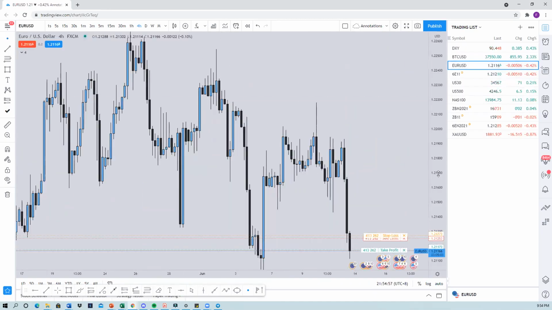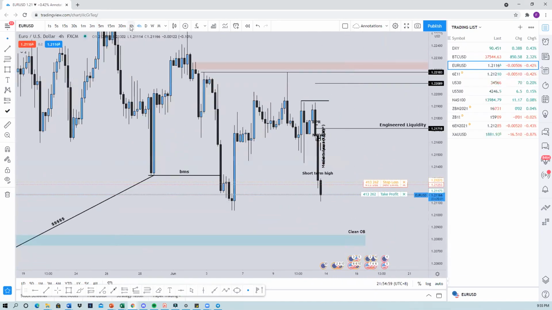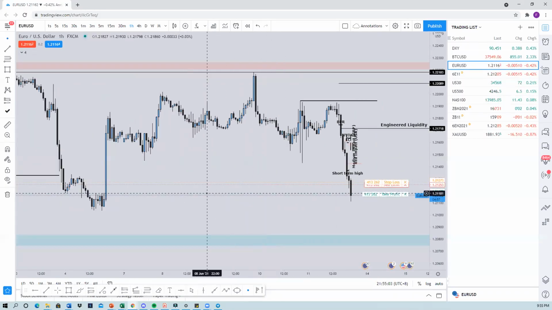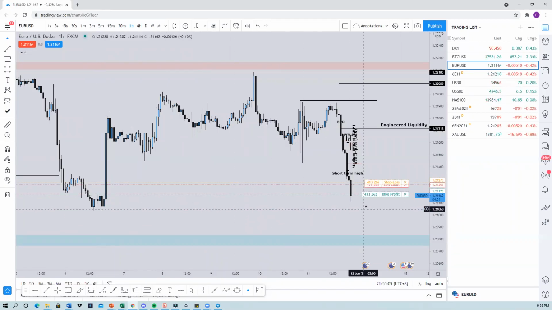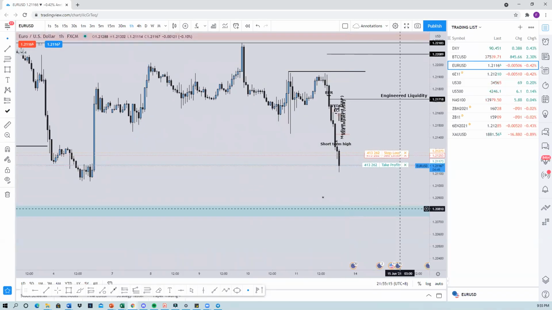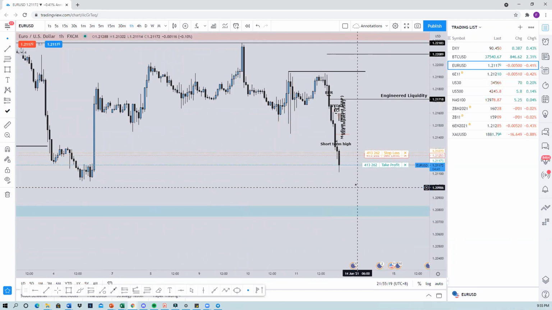Okay, and then if you apply that to euro USD, now you can look at euro USD, it has come down, right? It has come down into what we spoke about earlier, right? But you can see that the reaction is not that instant. So what does that say about price? It says that in 5 minutes, we are about to get the news release.